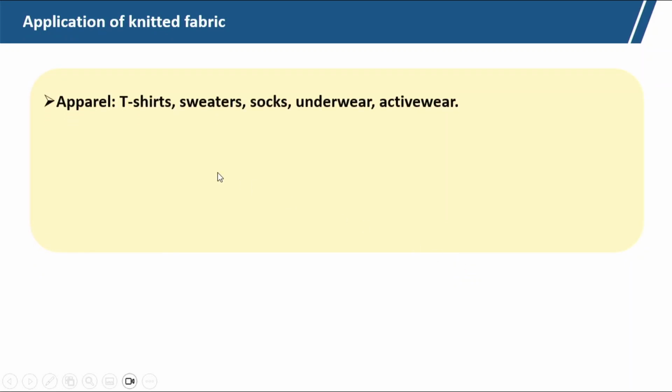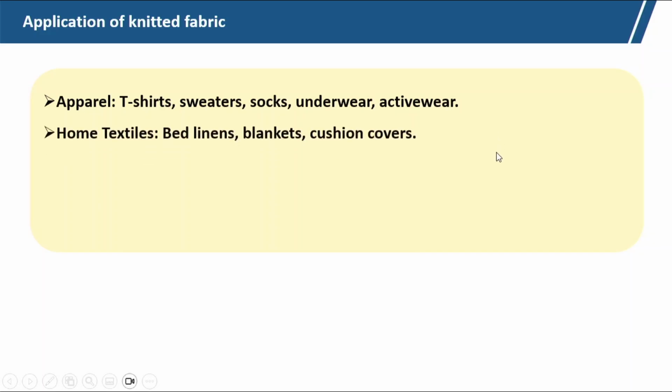So, applications here: apparel, t-shirt, sweater, socks, underwear, active wear, and home textiles, bed linen, blanket, cushion cover. We use sportswear, tracksuit, jackets, leggings and all active sportswear knitted fabrics.